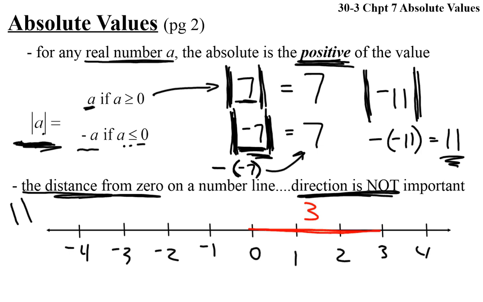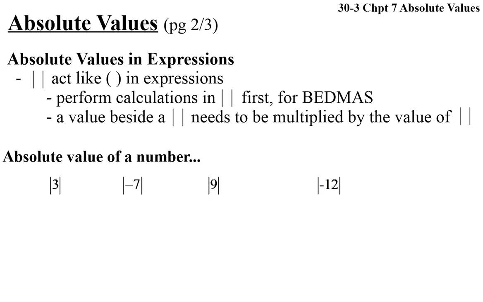It's 3 away from 0. What's the distance of that line? That line has an absolute distance of 4, because yes, it's a negative direction, but we don't care about that. The absolute distance is simply 4. That's what an absolute value is all about.